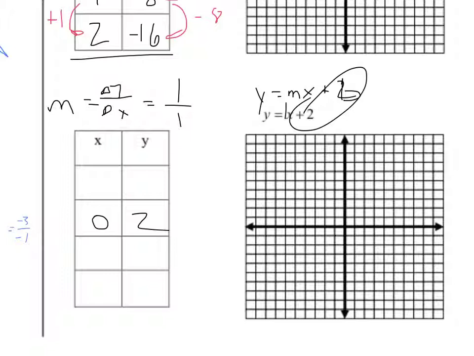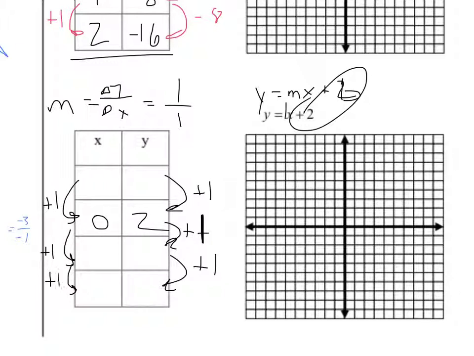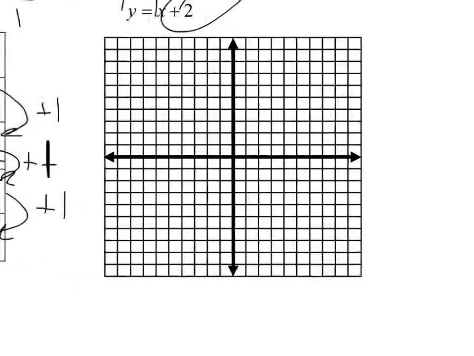So that means that we have increases to our y that are 1 and increases to our x that are 1. So if I wanted to graph this, I could have graphed it without these points.